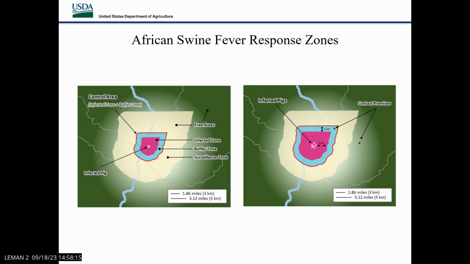What's important to note, and a really important difference between feral swine and domestic swine, is surveillance in feral swine looks just like a control zone, right? We don't sample healthy animals, or we don't sample alive animals. And so from an operational control perspective, this whole 10 kilometers is going to be pretty similar from a response perspective. And so it's 3 nice concentric rings.